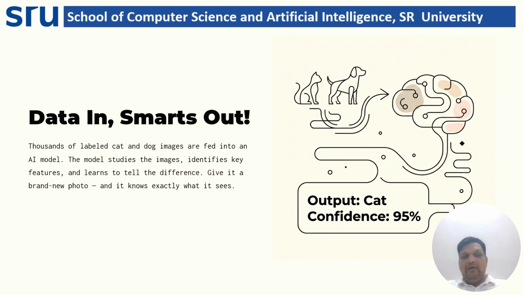Give it a brand new photo and it knows exactly what it is. In other words, feed in lots of data, AI learns patterns, and produces smart results. Simple concept, powerful outcomes.